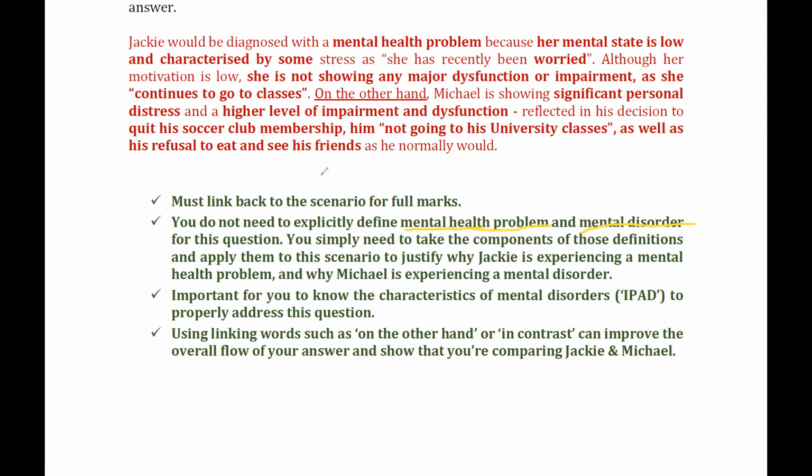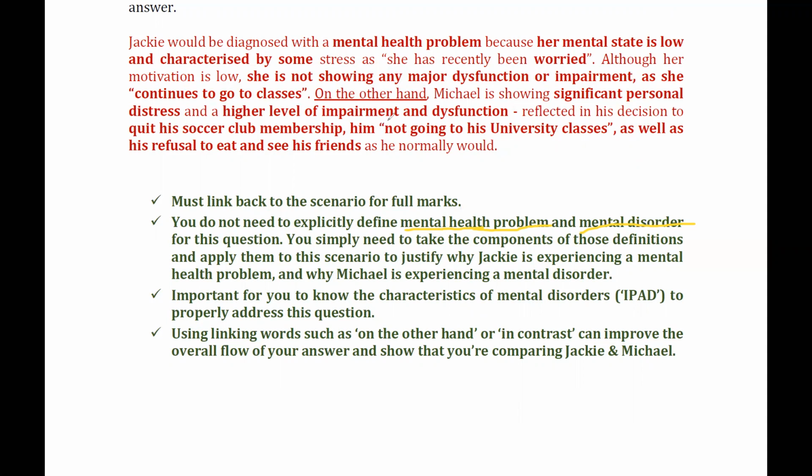You don't have to first say, okay, mental health problem refers to blah, blah, blah, mental disorder refers to blah, blah, blah, and then start in the 2 or 3 lines you've got left talking about the scenario. You have to directly link to the scenario. You don't have to provide definitions because the question didn't ask you to define those terms in the first place.